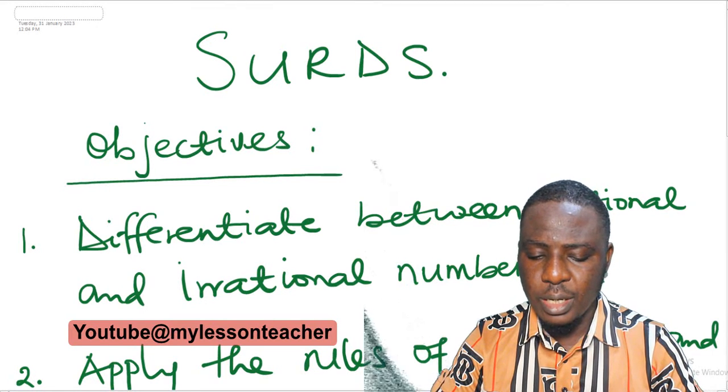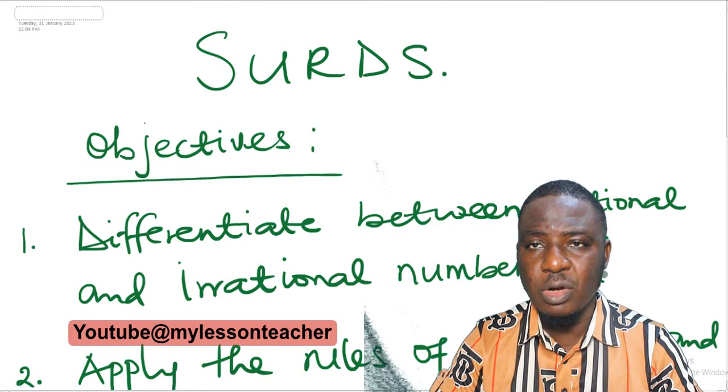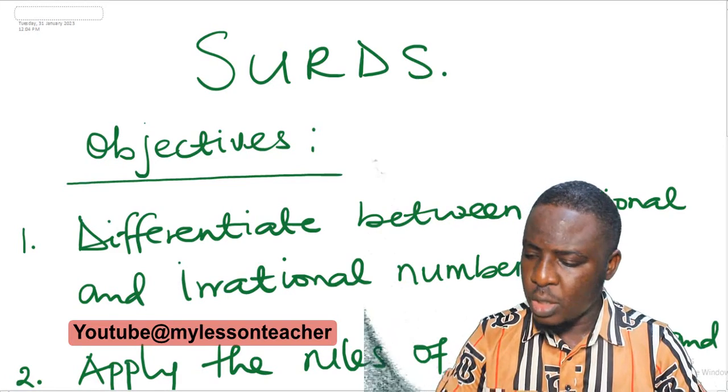And we gave you so many examples of rational numbers, that include fractions, whole numbers, squares and square roots, and whatnot.